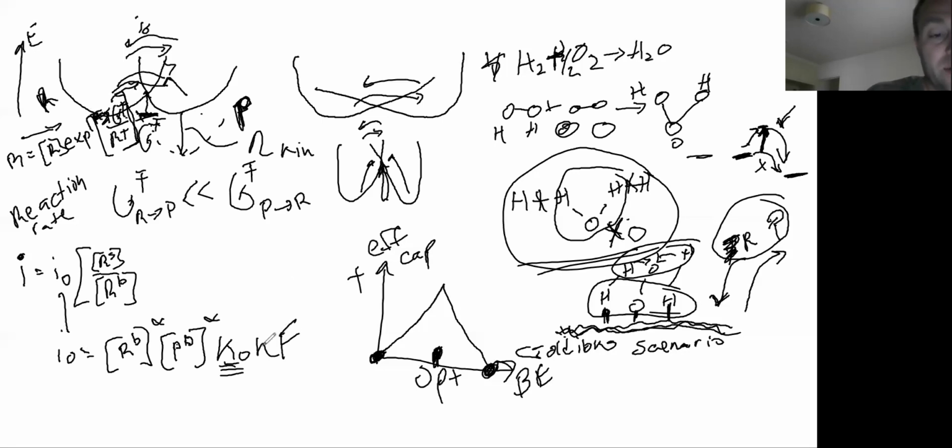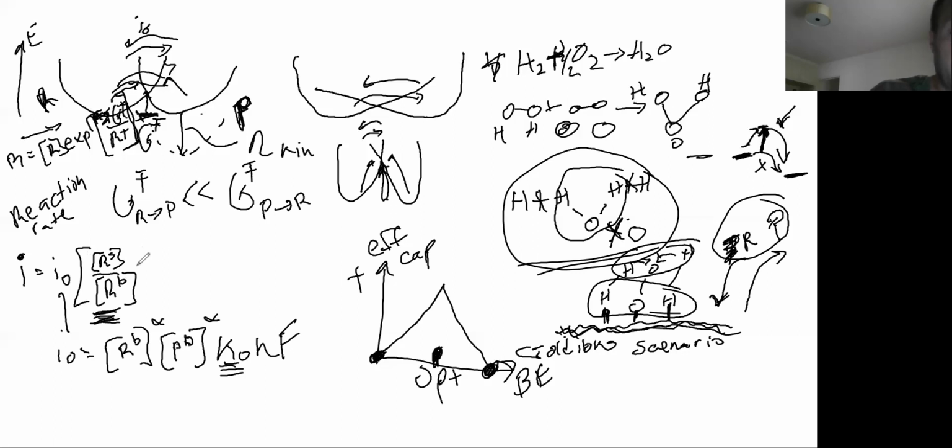The reason you have these terms here is because in the I naught you're using the bulk values, and so that'll kind of cancel with the bulk here.